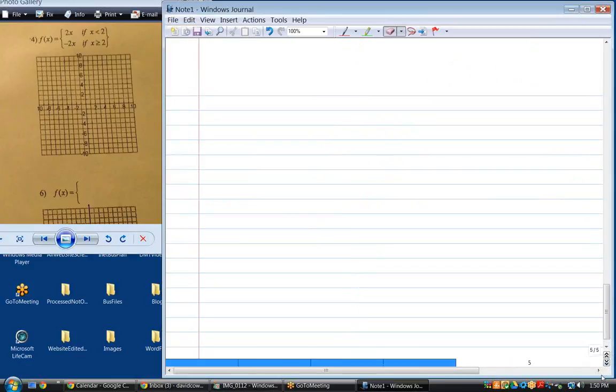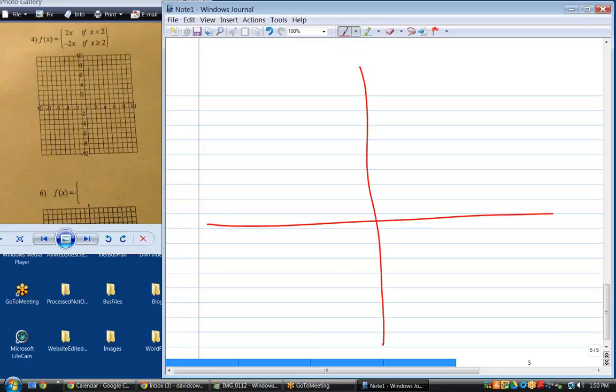Now, continuity, just for your information, is defined as not having to pick up your pencil. That function is not continuous because in order to draw it, I have to pick up my cursor.